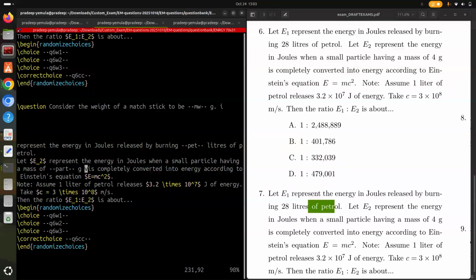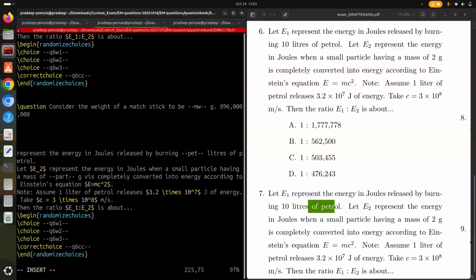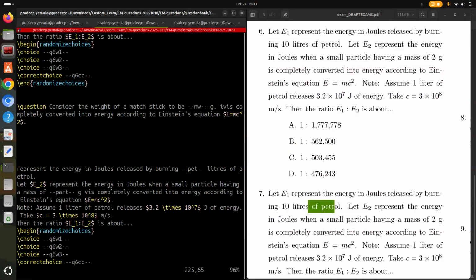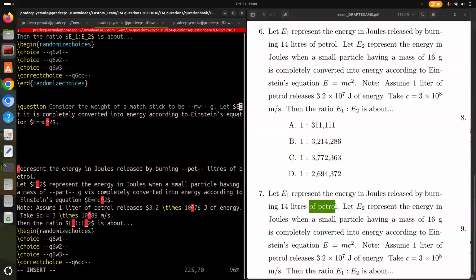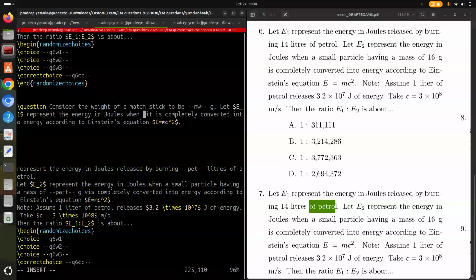I think just for the sake of language, let E1 represent the energy in joules when this matchstick is completely converted.